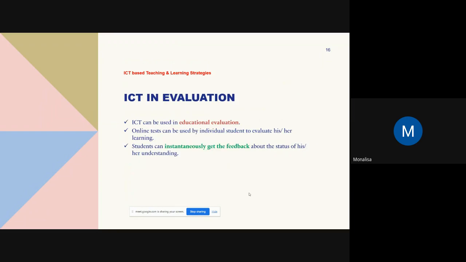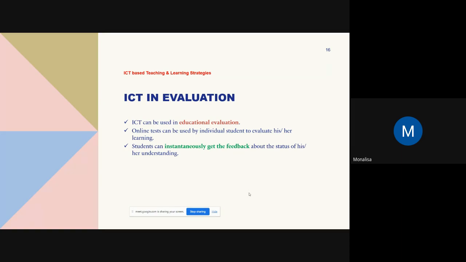And coming to how ICT can be used in evaluation. The objective of the examinations that we conduct in our teaching institutions, in our universities, schools, colleges, etc., is to assess the academic performance of the students. ICT can be used in educational evaluation. Online tests can be used by individual students to evaluate their learning.